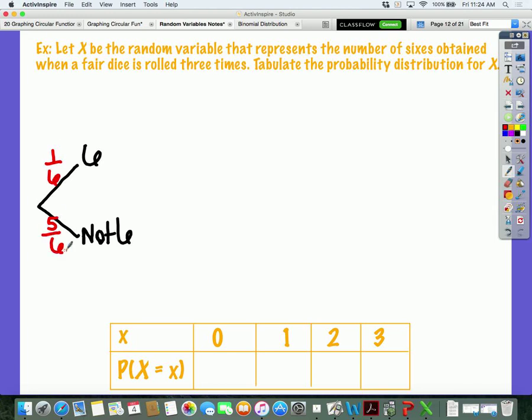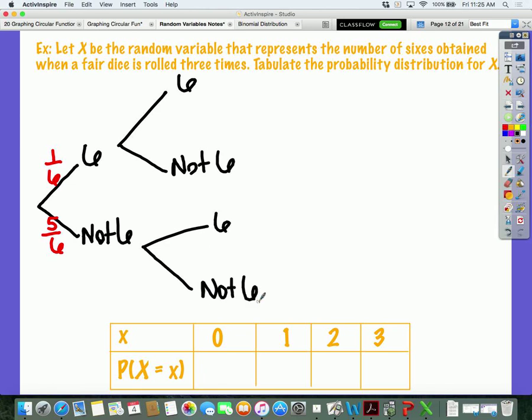On my second roll, I can have a 6 or not a 6. Does my first roll have anything to do with my second roll? They are independent events. Whether I get a 6 or not on the first roll, on my second roll I still could get a 6 or not a 6.